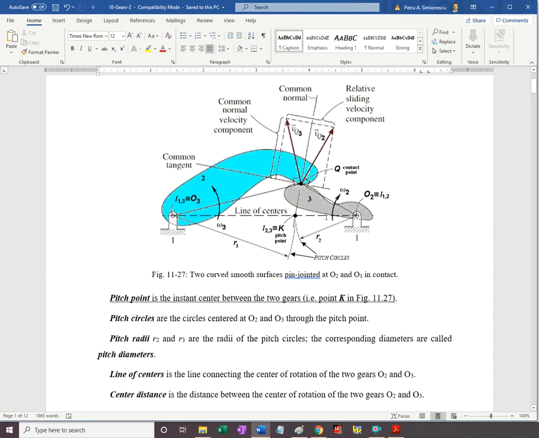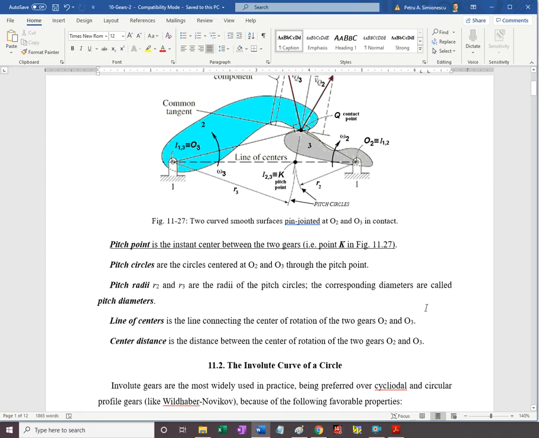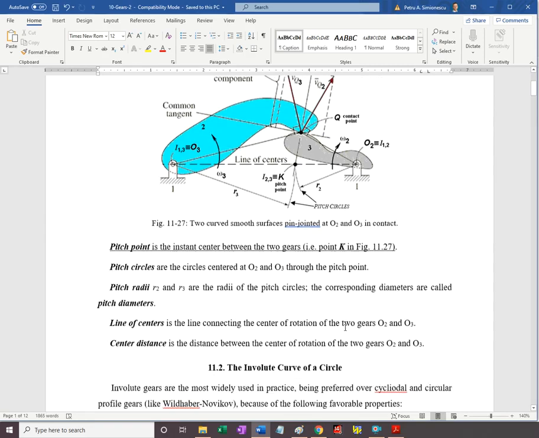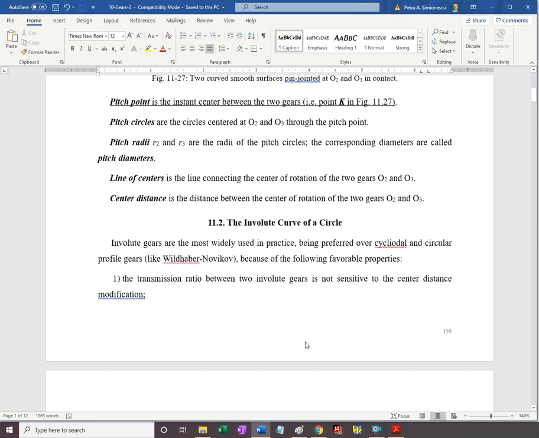Center distance is the distance between the two centers. Line of centers is the line that connects the two centers. And further terminology will be introduced as we move along. Of main concern to us are the involute gears. These are the most commonly seen in practice.